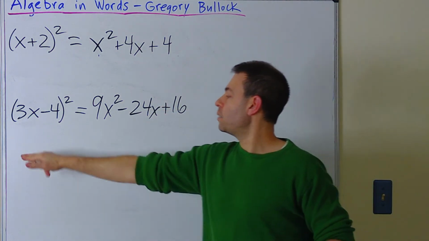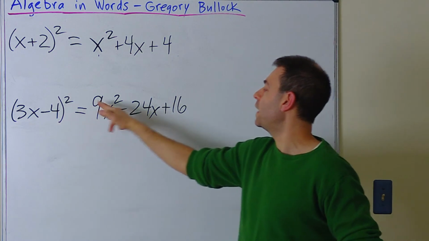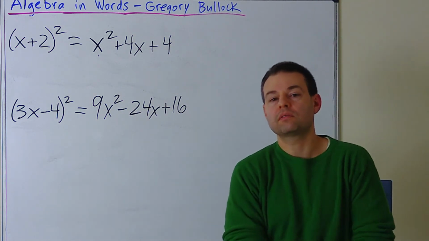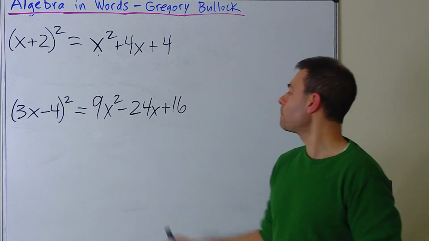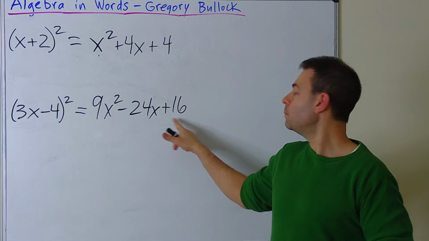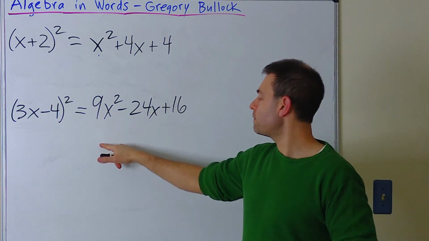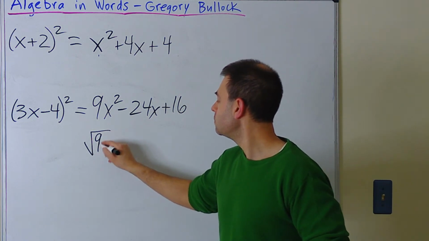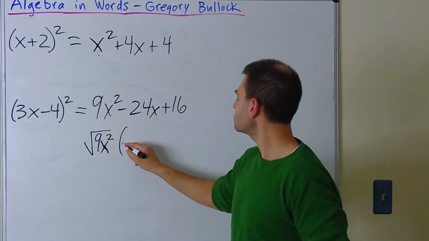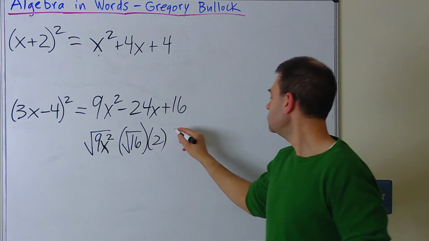Now, so once again, we translated or multiplied a binomial squared and got a perfect square trinomial. Now, let's just make sure that this is a perfect square trinomial by definition. Well, the first term is a perfect square, the last term is a perfect square, but what about the middle term? Is the middle term the product of the square root of the first term times the square root of the last term times 2?